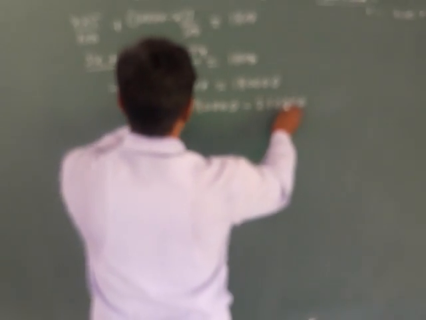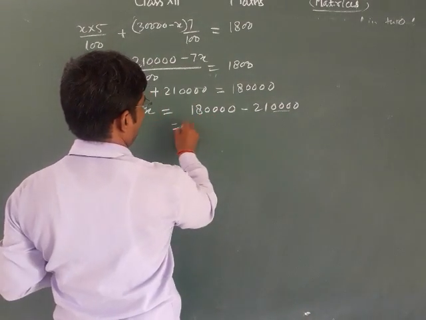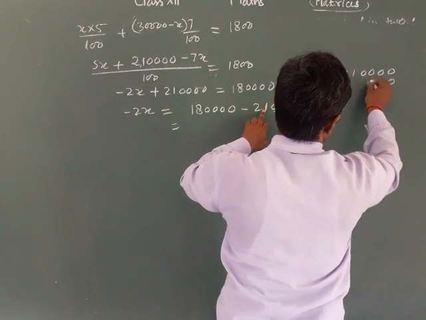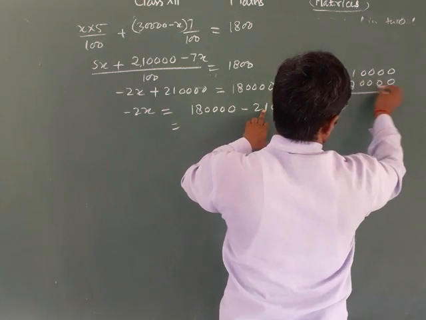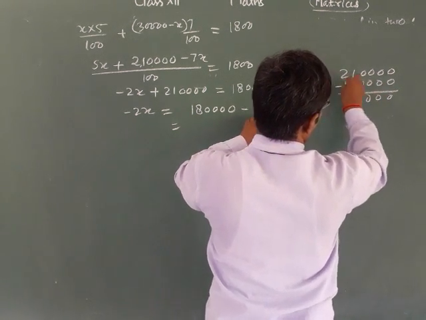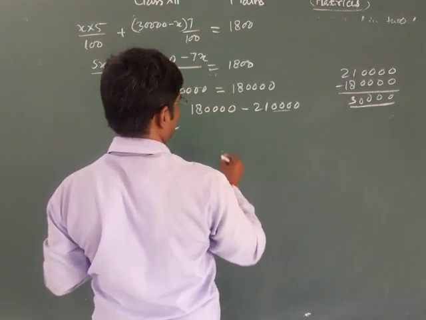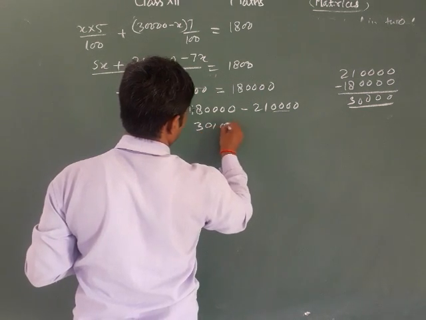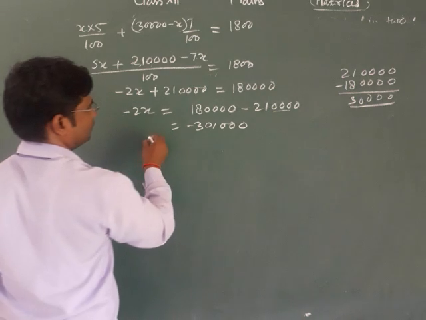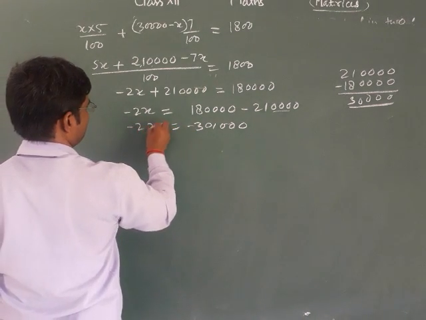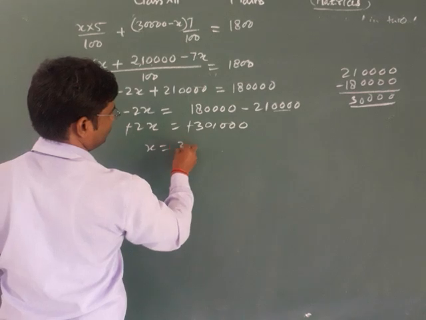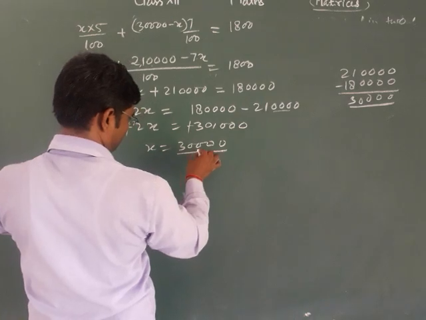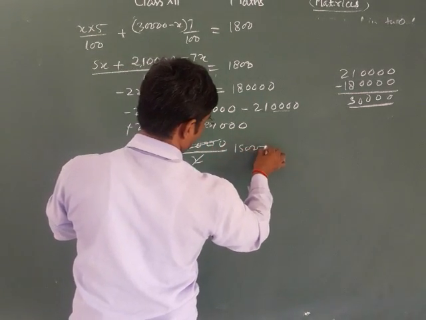So 180000 minus 210000 is minus 30,000. So minus 2x is equal to minus 30,000. The minus cancels out, so x is equal to 30,000 divided by 2, which gets 15,000.